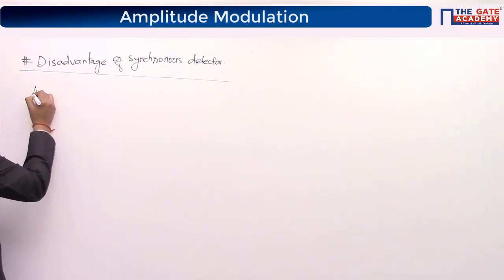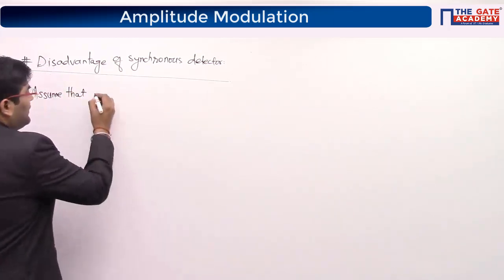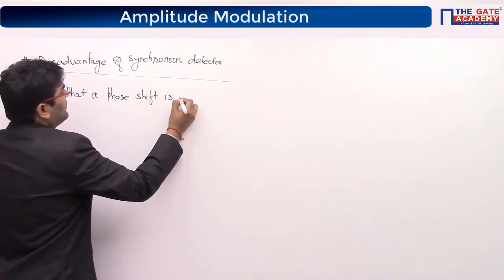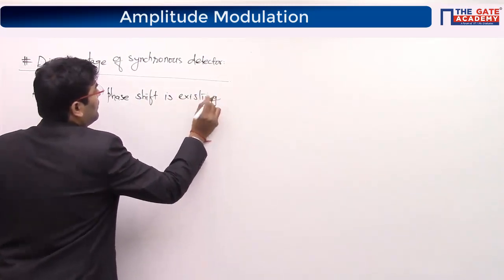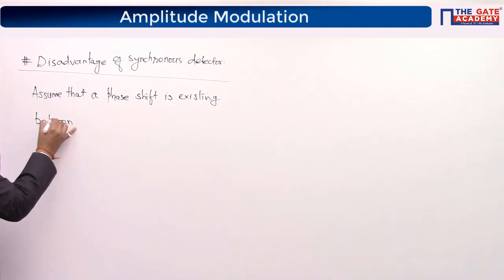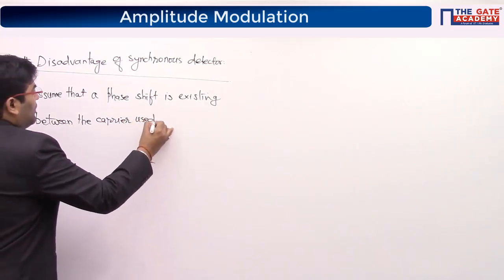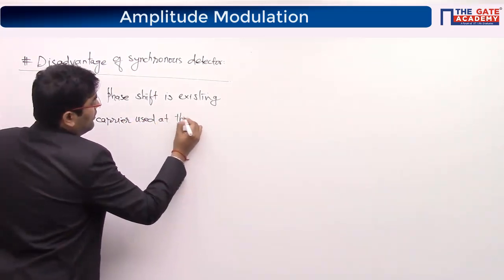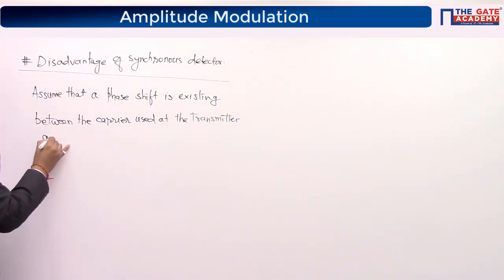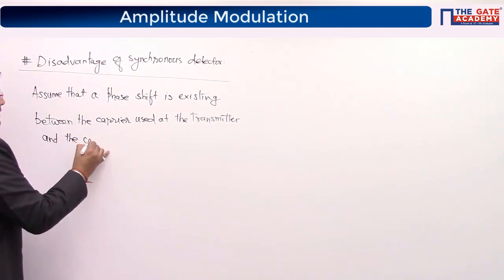So assume that a phase shift exists between the carrier used at the transmitter and the carrier generated at the receiver.